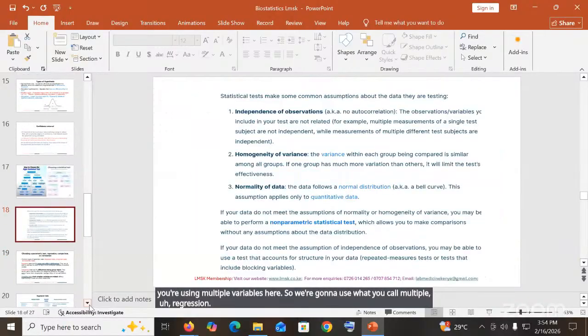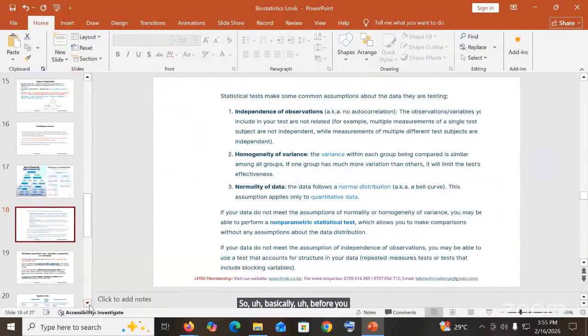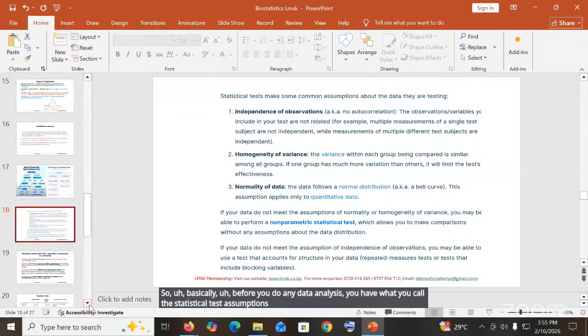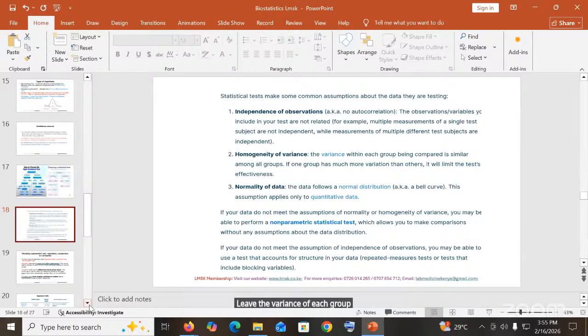Basically, before you do any data analysis, you have what you call the statistical test assumptions. You want to talk of independence of observations, that is, the observations do not relate. Homogeneity of variance: we talked about the variance. If the variance of each group is the same, then it is homogeneous.